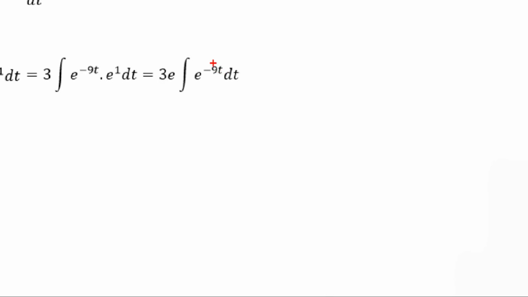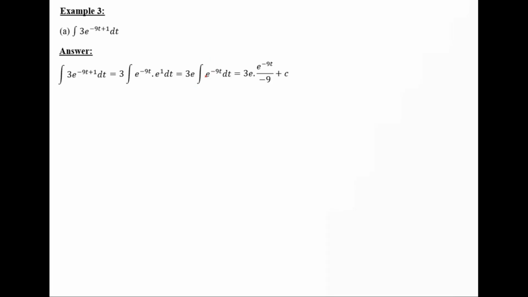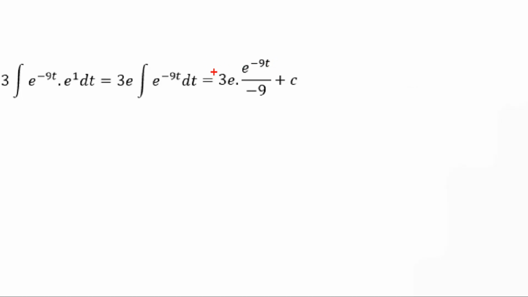Now e to the power of 1 is a number and it's a constant, so it can be dragged out. Then outside the integral we have 3e, integral e^(minus 9t) dt, and here we can integrate this safely by dividing by the coefficient, which is negative 9, the inner derivative. No need to simplify, we can keep it like that, knowing that 3 can be divided by 9.